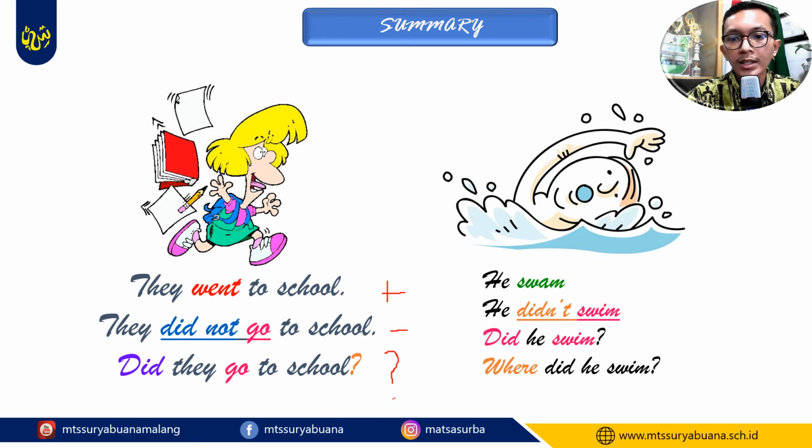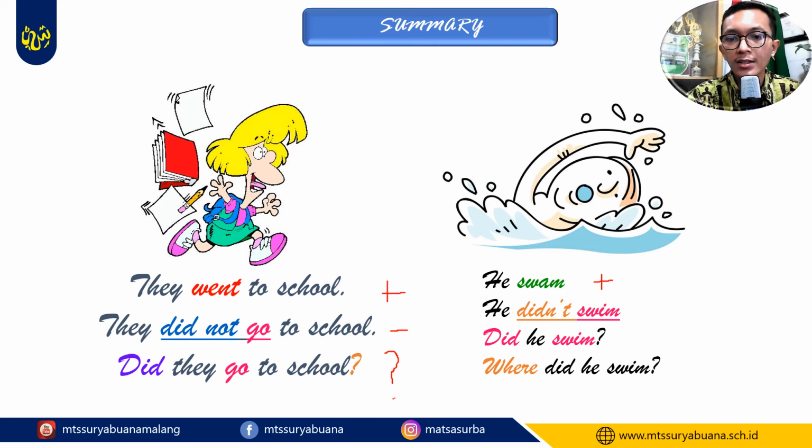Alright, the next example: he swam. This is an affirmative or positive sentence. And the second one: he didn't swim. If you want to make a negative sentence, but the verb is swam, you have to change it into swim, into the infinitive.